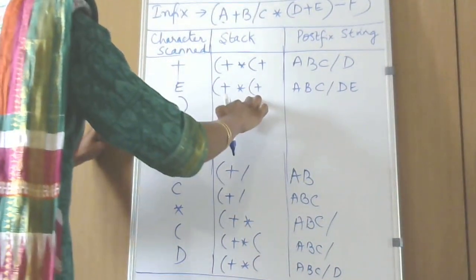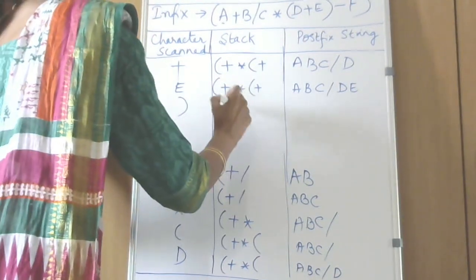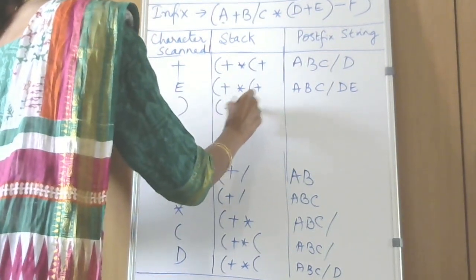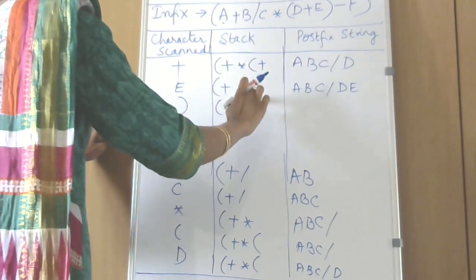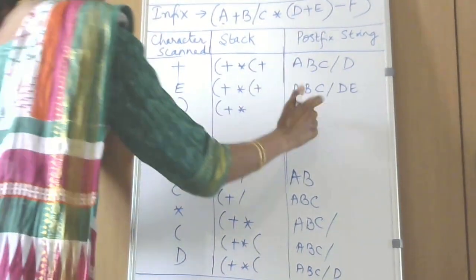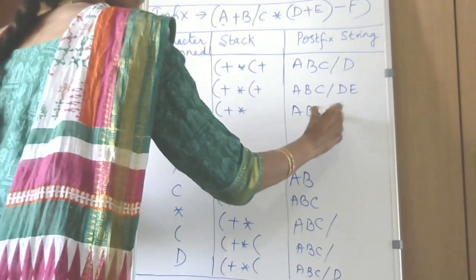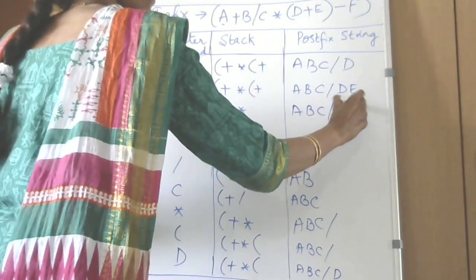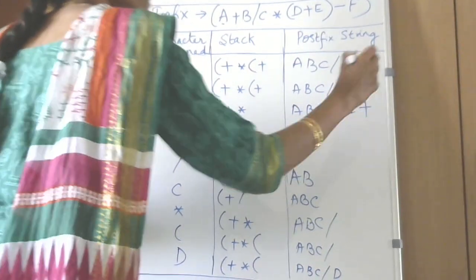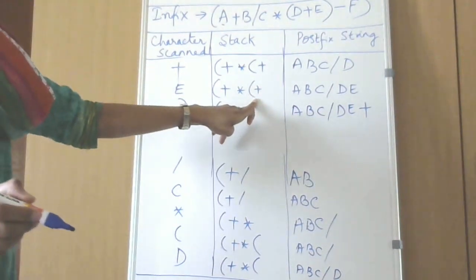So, we have an opening braces here. When this is encountered, till here I will have to pop out. I will eliminate the open braces. I have popped out plus, so plus will come there. The open braces gets eliminated.